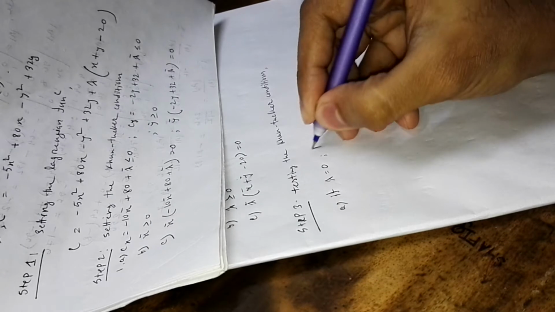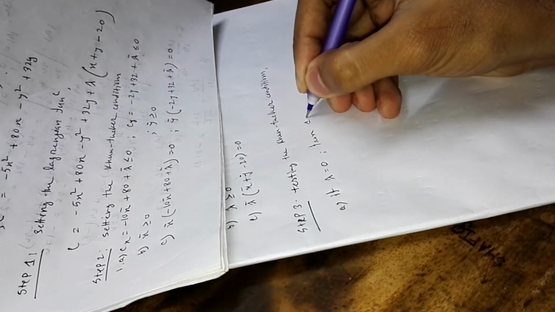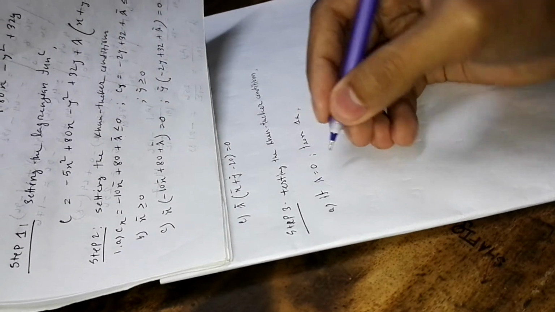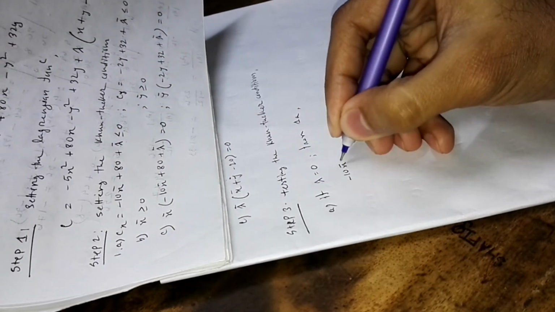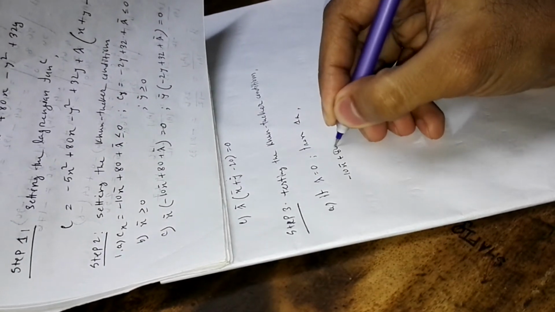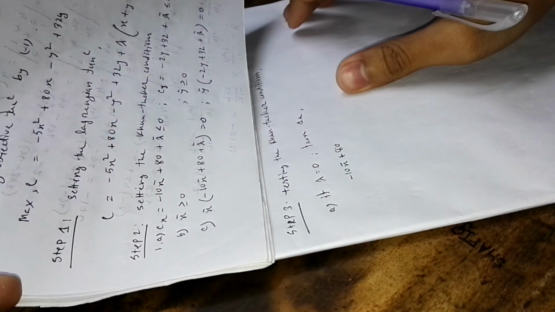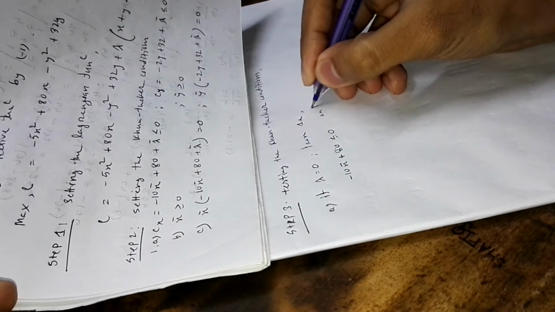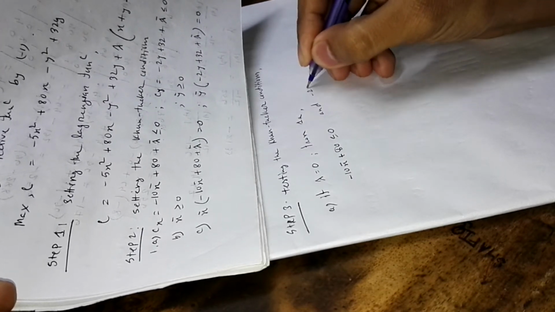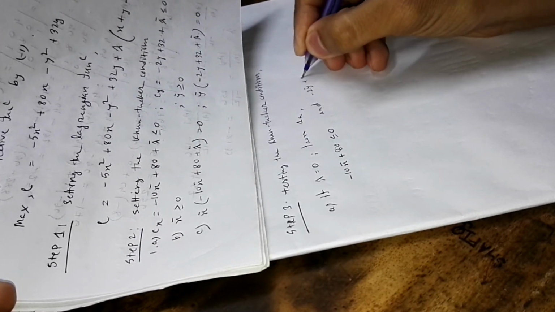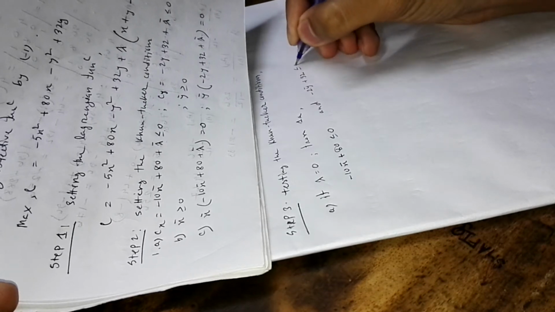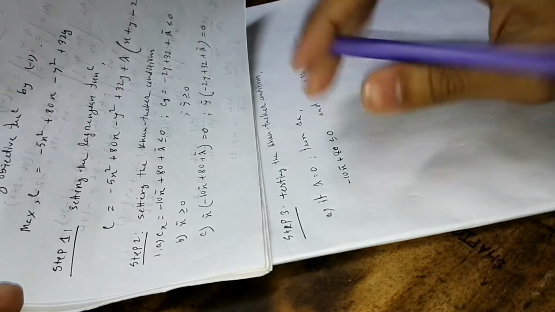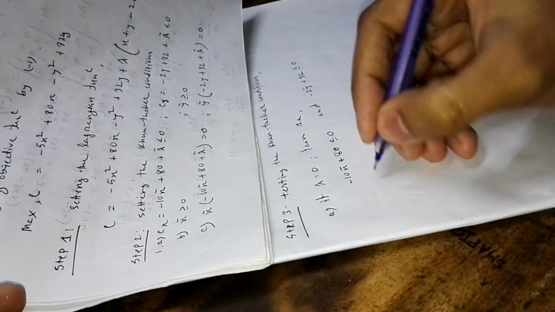If lambda is equal to 0, from 1a we can write 10x plus 80 less or equal to 0, and second case 2y plus 32, which is also less or equal to 0, right? So this is the case if the value of lambda is equal to 0.